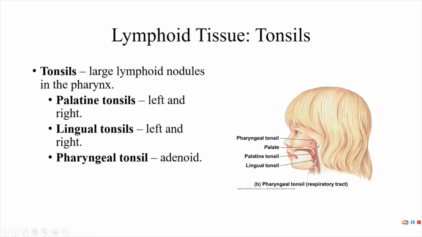So we have what's called tonsils. And these are lymphoid nodules that are in the pharynx. You have the upper one here called the pharyngeal tonsil, sometimes called the adenoid. Then on the left and right side, coming from the oral cavity in, are the palatine tonsils, which there are two, left and right, and then a left and right lingual tonsil.